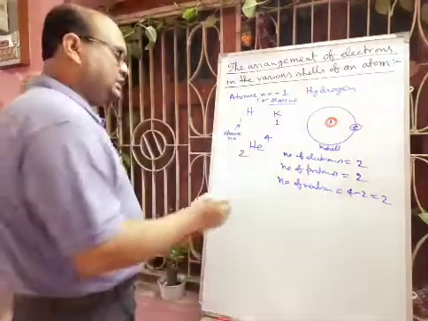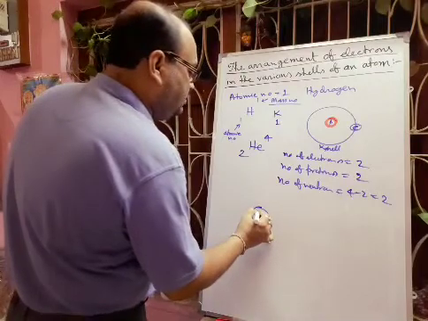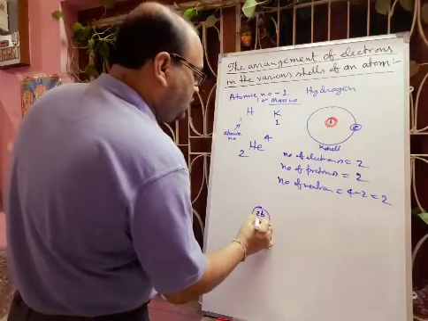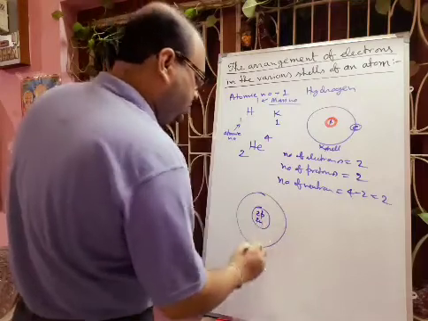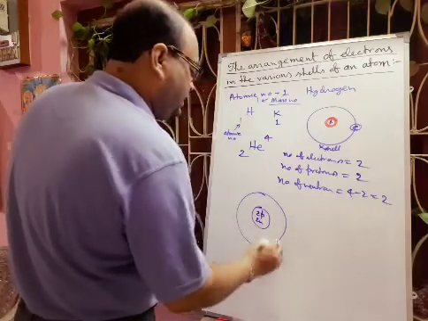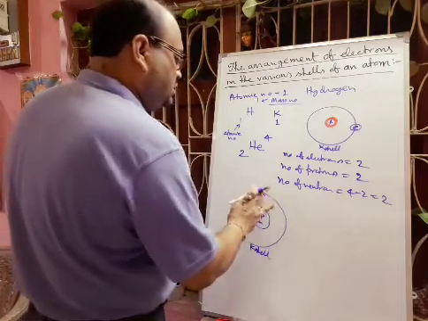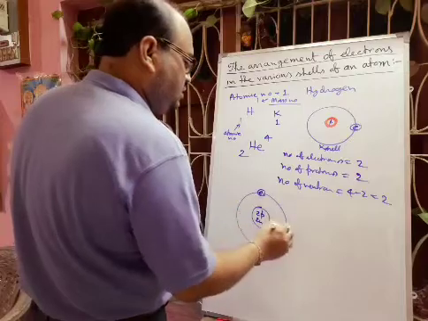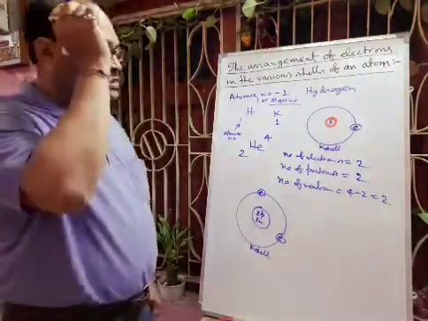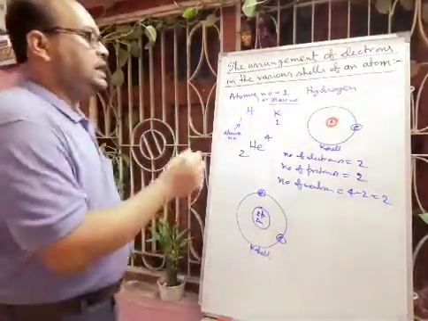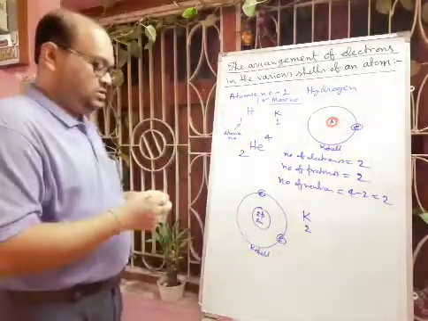If you draw the structure, then you can understand. Suppose this is the nucleus of the helium atom. Inside the helium nucleus there will be 2 protons and 2 neutrons, and outside there is the K cell. In the K cell there will be 2 electrons. I am writing e for electron. When you write the electronic configuration, you can write it this way: in the K cell there are 2 electrons.